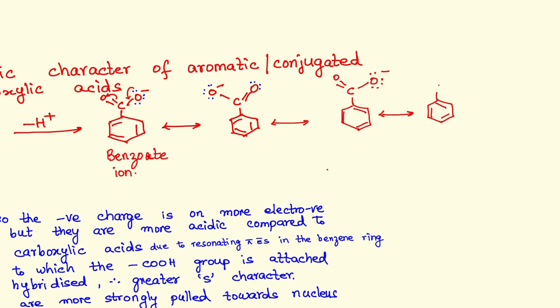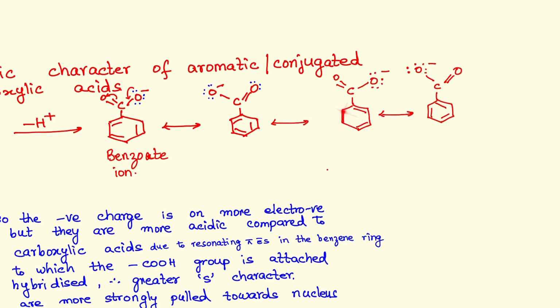In other words, there is of course a resonance in the carboxylate, in the COO group. There is also resonance happening within the ring due to the movement of the pi electron cloud.